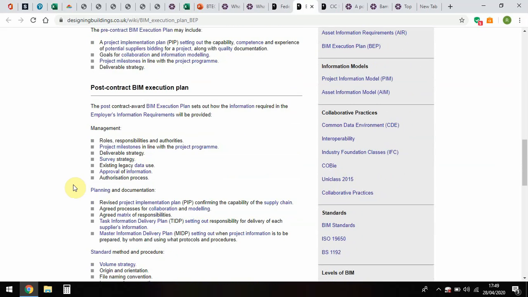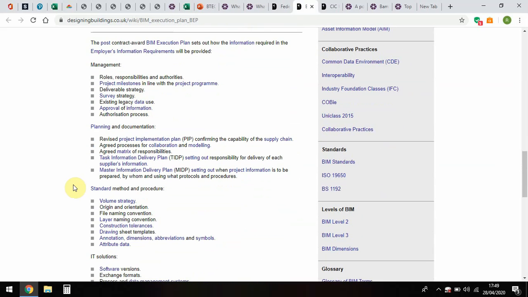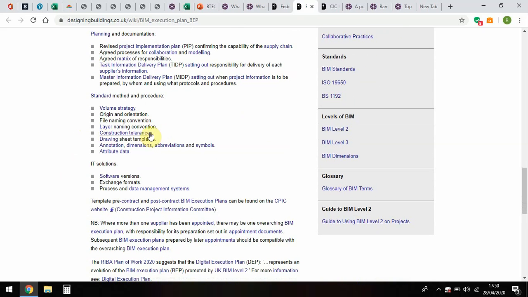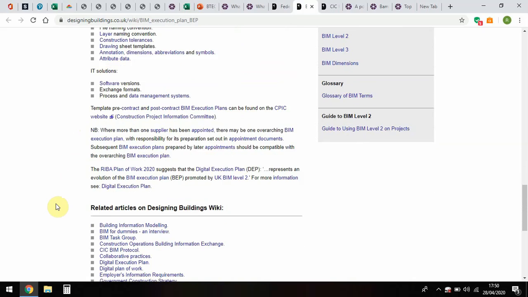Or once those contracts have come in, you can have your BIM execution plan slightly different, and that's about how the information required by those requirements will be provided. So you've got things like what management information are you going to have, what planning and documentation will you have, what methods are you going to have for doing things, what IT solutions are you going to have for if something goes wrong.